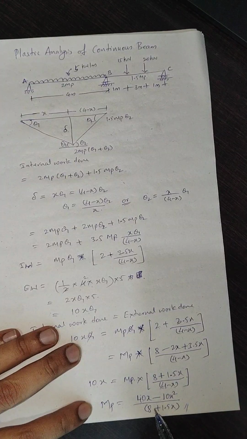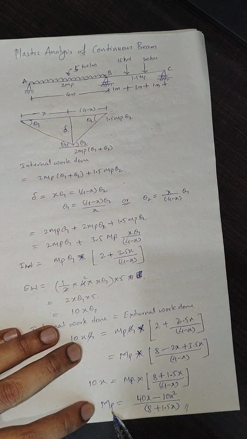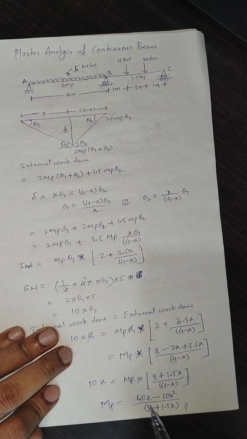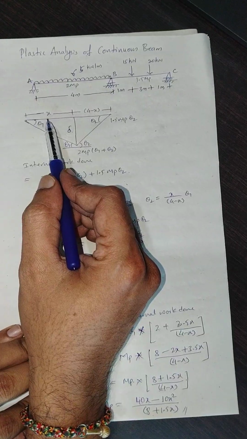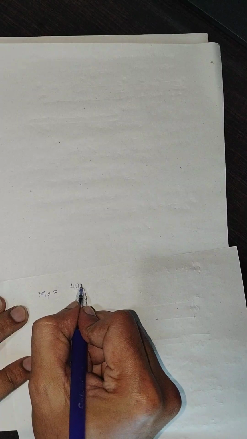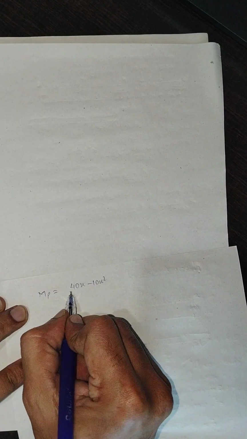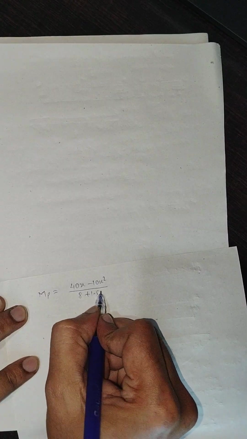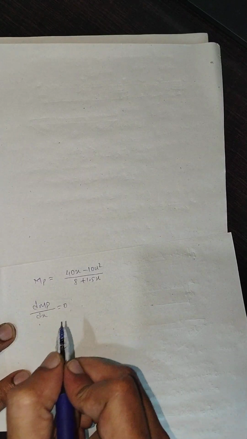So now we need to know what is mp. To get that mp, we must know the value of x, which is where we are getting the maximum deflection. To obtain that, for reference, I will write here mp again. We got mp equal to 40x minus 10x square divided by 8 plus 1.5x. To get this, we have an equation, that is dmp by dx equal to 0.